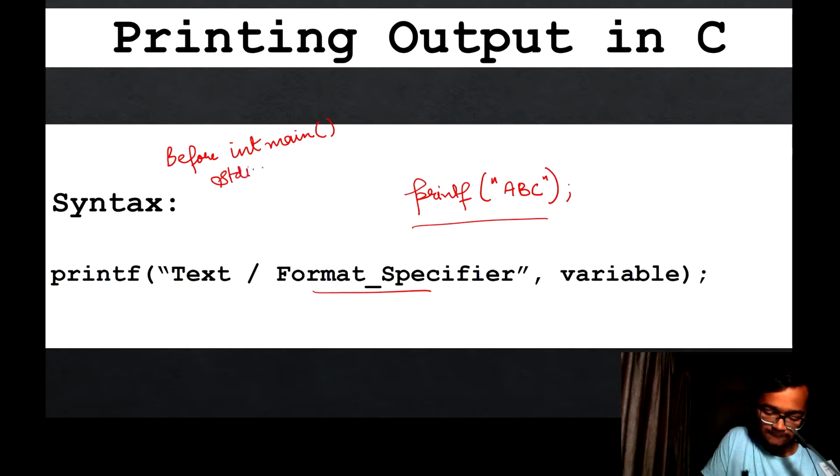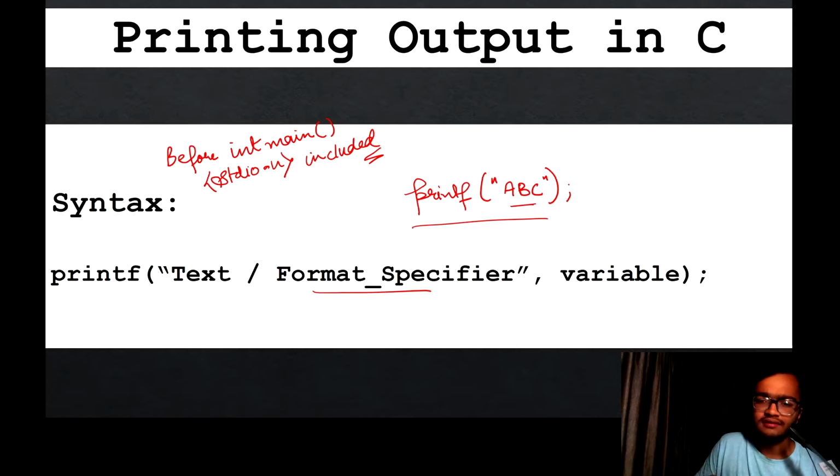So if you want to print ABC on the screen, you can follow this syntax. We write printf, and to print text, we keep the text in double quotes. Here the quotes end. So we write the text over here, and if we are not printing any variable name, we end the line with a closing bracket and a semicolon.